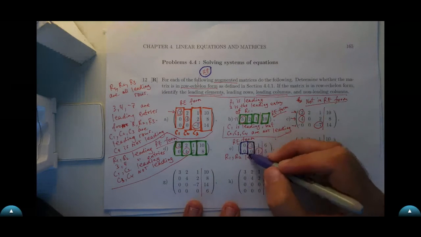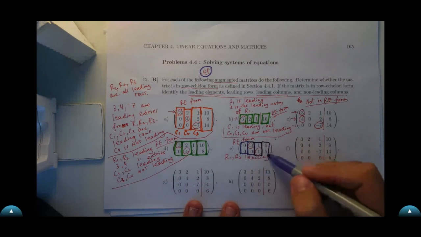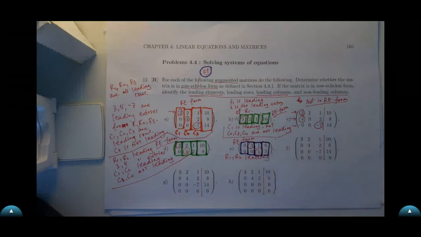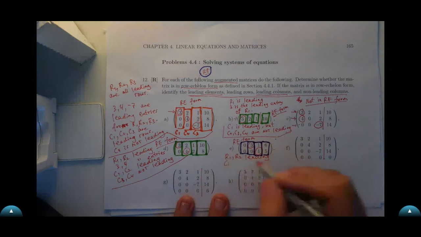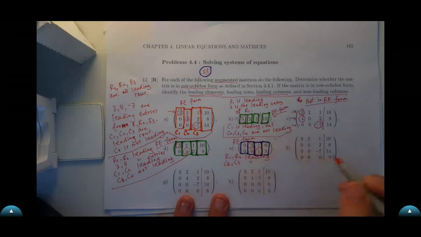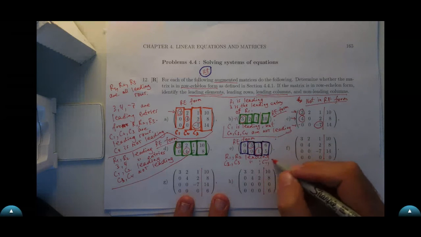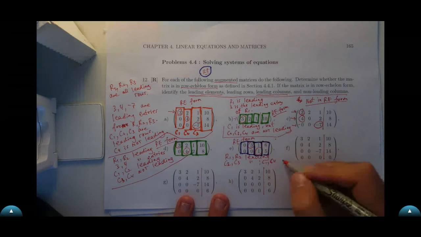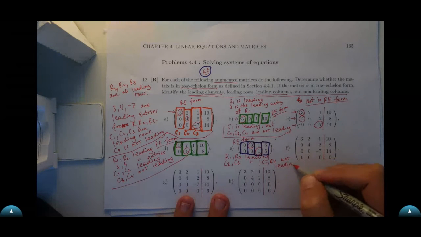What about column two? That's definitely leading. Column three, definitely leading. Column four is definitely not leading. So C2 and C3 are leading, whereas C1 and C4 are not leading.